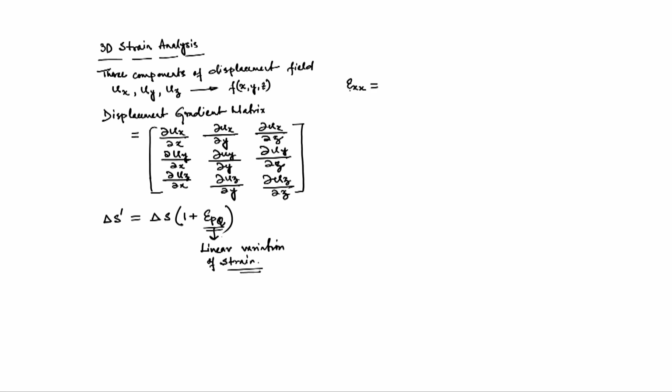So, we had 3 normal strains. The first one is Ux with respect to x, then Uy with respect to y, and the third one is Uz with respect to z. Then shear strains gamma xy, gamma yz and gamma zx. These are very easy to write.